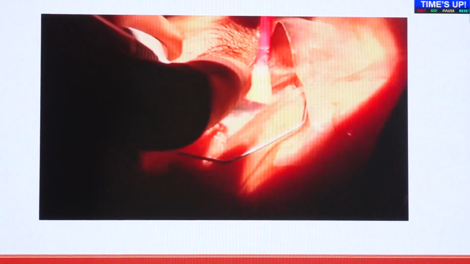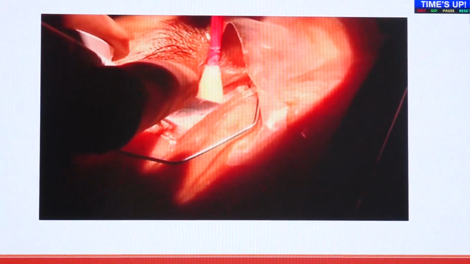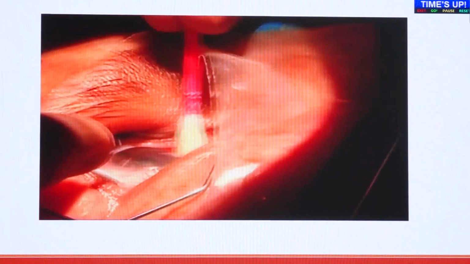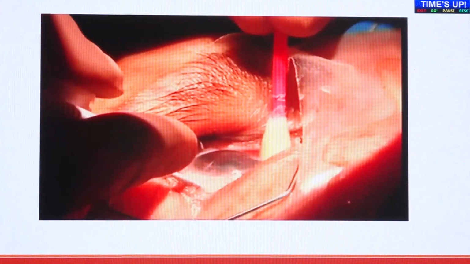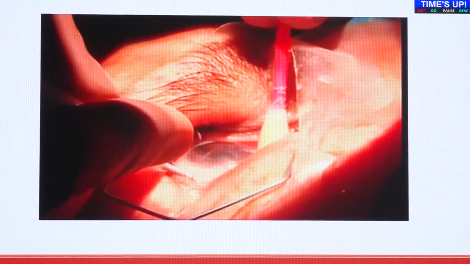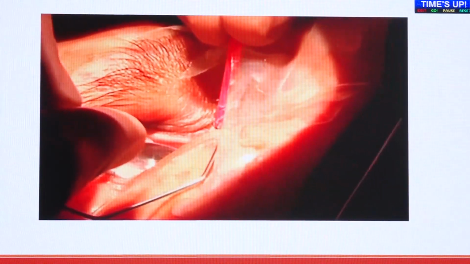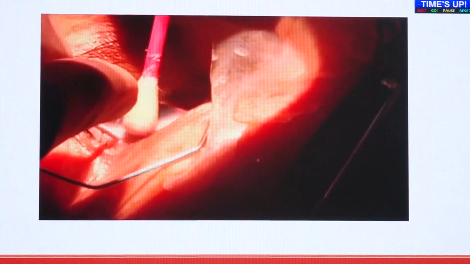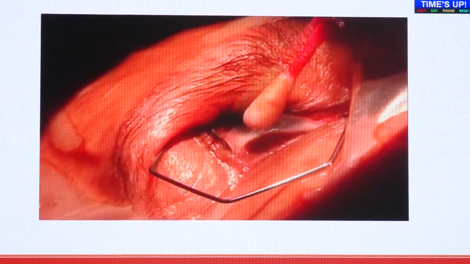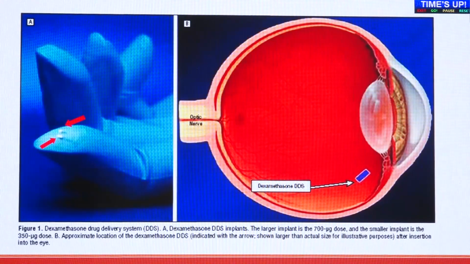Don't give it in an aphakic eye, because it can come forward and anterior chamber migration can occur. There is no need to do a suture. This finishes the injection, and this is a biodegradable implant floating in the eye.